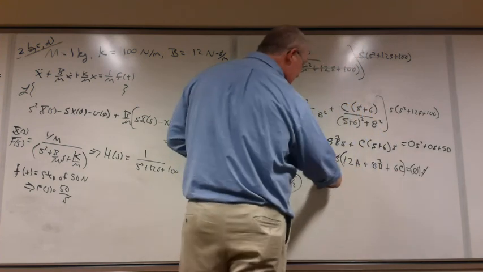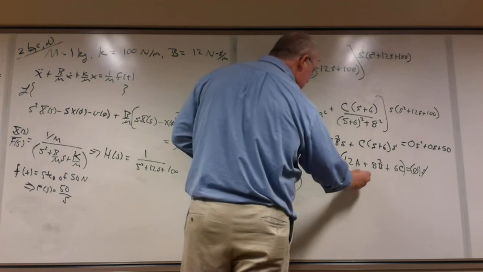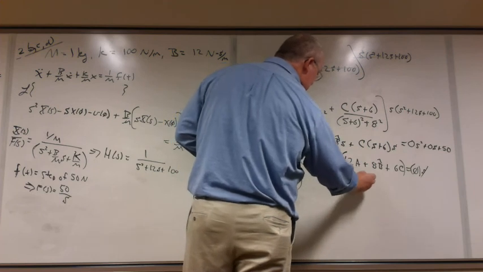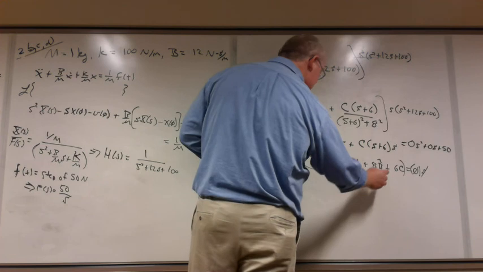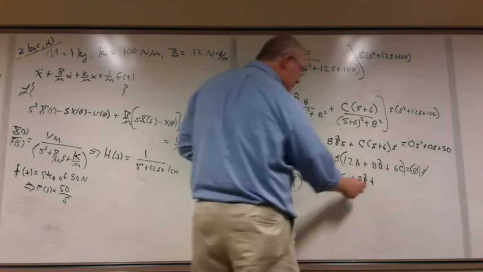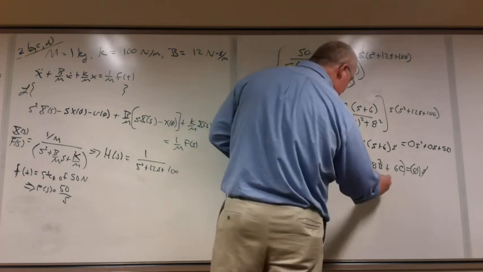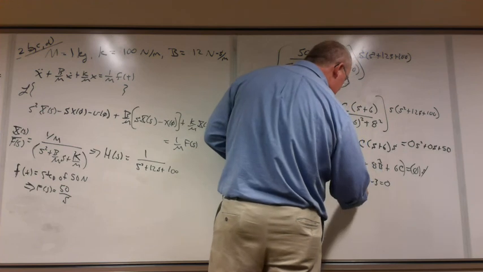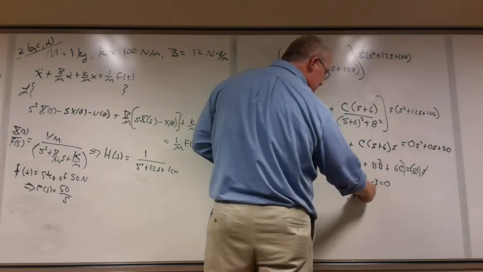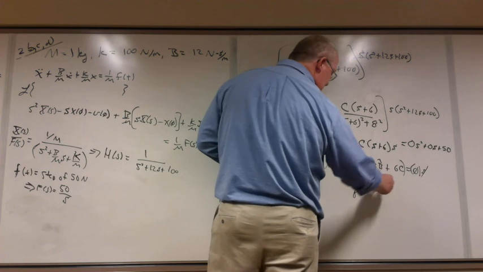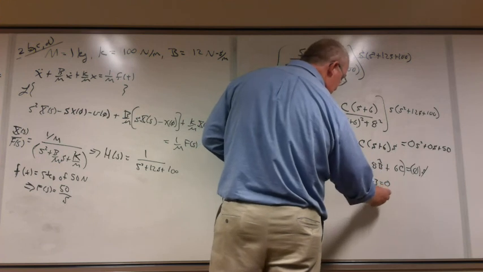Now we have 12 times a half makes 6 plus 8b hat plus 6 times a negative 1/2, so that's going to be minus 3 is equal to 0. 8b hat is equal to 6 minus 3, which is going to be 3. Swing sides, that's going to be minus 3/8.